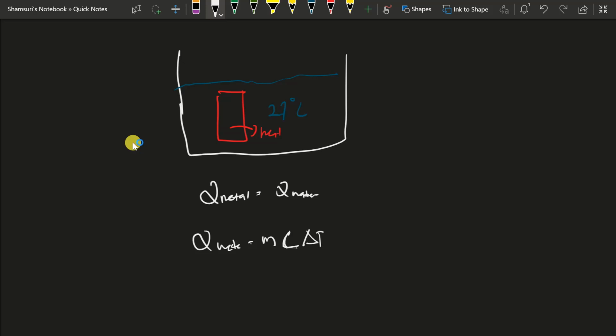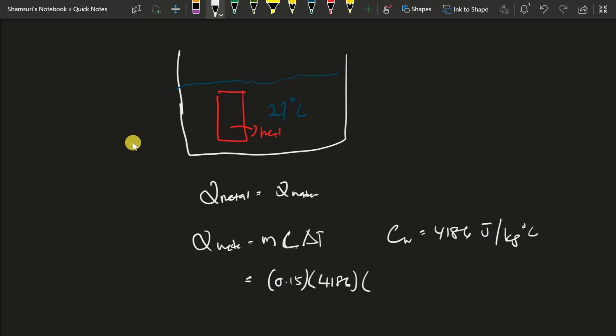We know that the specific heat of water, C water, is 4186 joule per kilogram per degree, and the mass of the water is given as 0.15, and C is given to you as 4186.